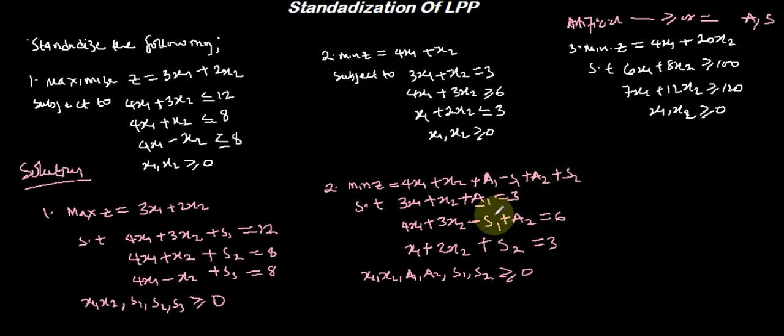We include all these slack, surplus, and artificial variables in our basic function. That is only for minimization problems. So that is that for minimization problems.